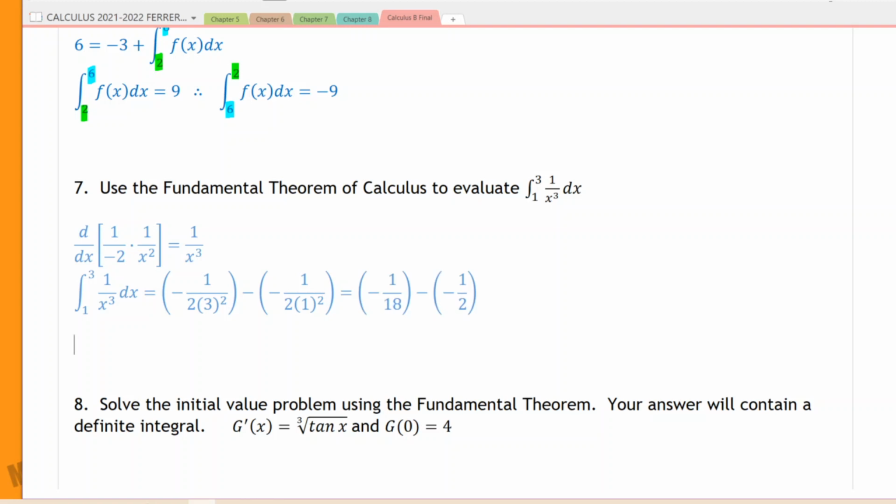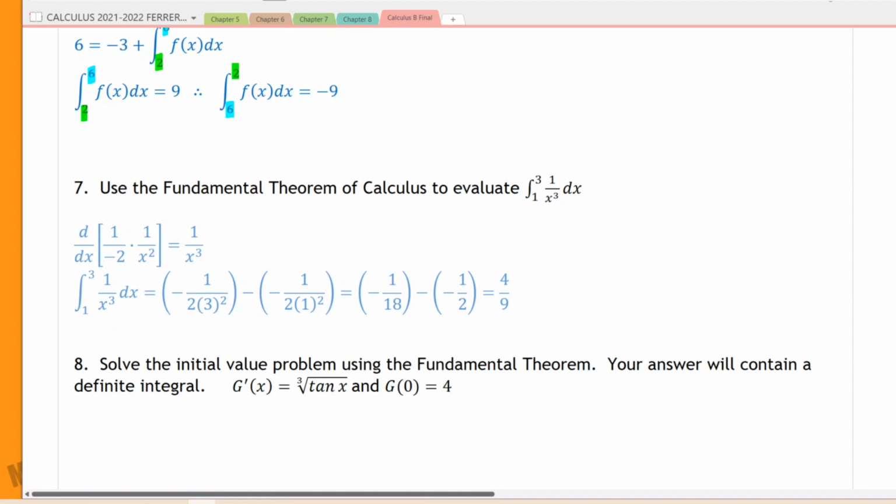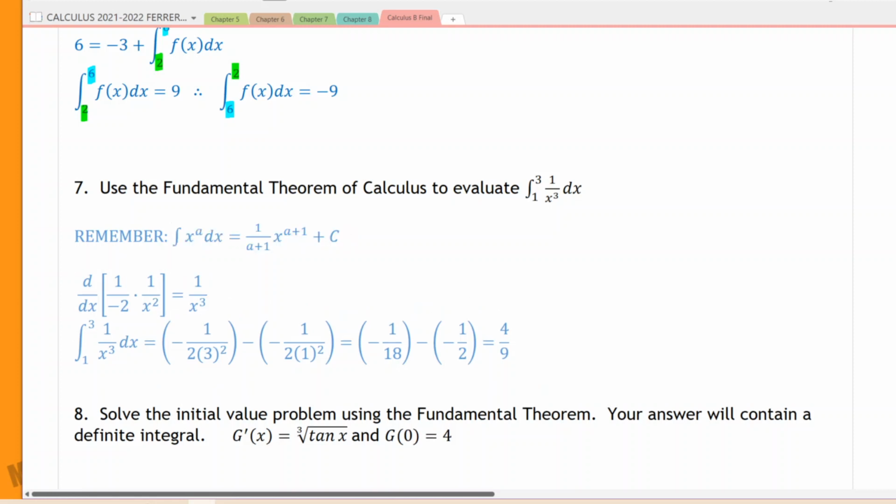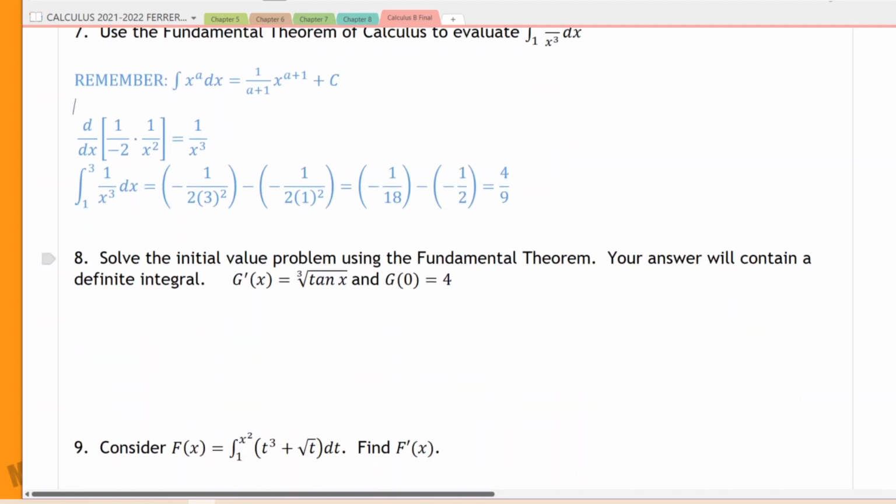And that simplifies to 4 over 9. All right, so that was pretty quick and easy, I think. If this one is giving you problems, maybe if we remember the power rule as it applies to integrals, that might help us out a lot. So there is our problem for number 7.